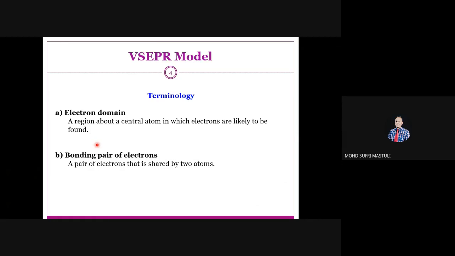Second terminology is the bonding pair of electrons. It's a pair of electrons that are shared by the atoms. Last is the non-bonding pair of electrons, or another name is lone pair. A pair of electrons assigned completely to one atom.